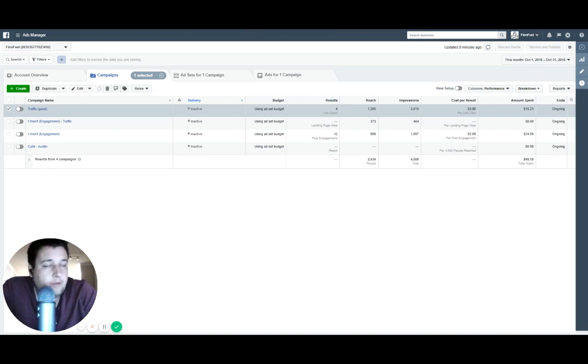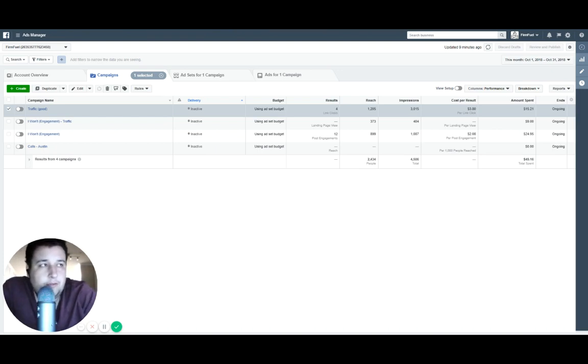Facebook has, as a background, rules of what they consider a soft reset and a hard reset. A soft reset is small changes, things like changing the ad budget by less than, say, 15 or 20%, or turning an ad on and off. That's a soft change, which means it's not going to reset the optimization process.